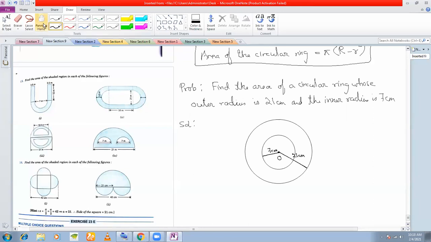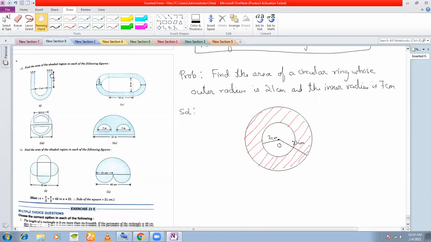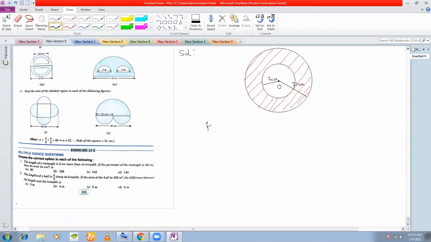We need to find the area of this circular ring. We shall apply the formula directly. Here, inner radius small r is given to be 7 centimeter. The outer radius capital R is given to be 21 centimeter.